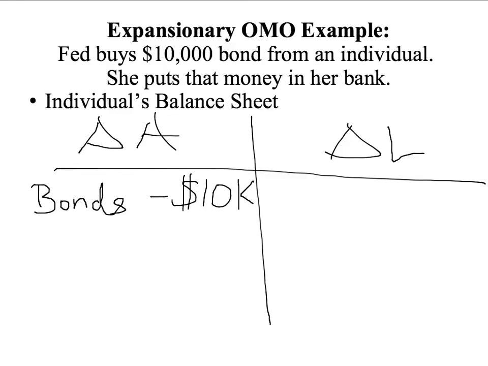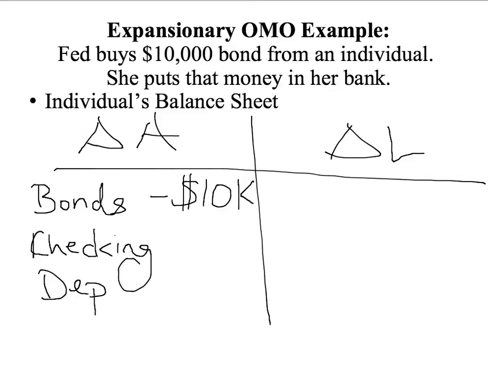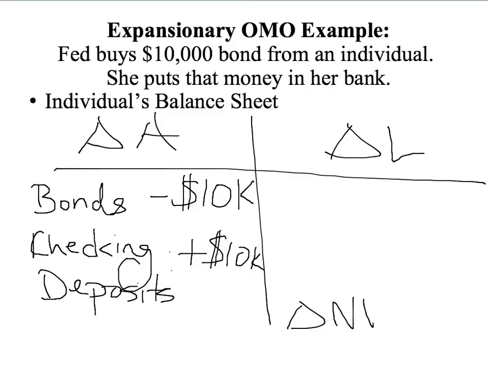And now she also has $10,000 in cash, but then she puts that in the bank account. So let's just say that she has increased her checking deposits by positive 10,000. Okay, and her liabilities haven't changed at all. So we see her total change in net worth is equal to 0.